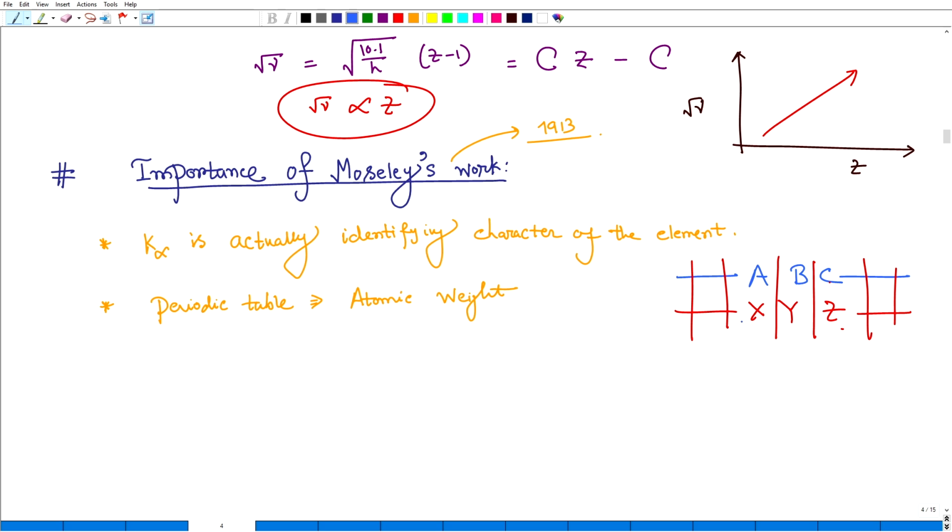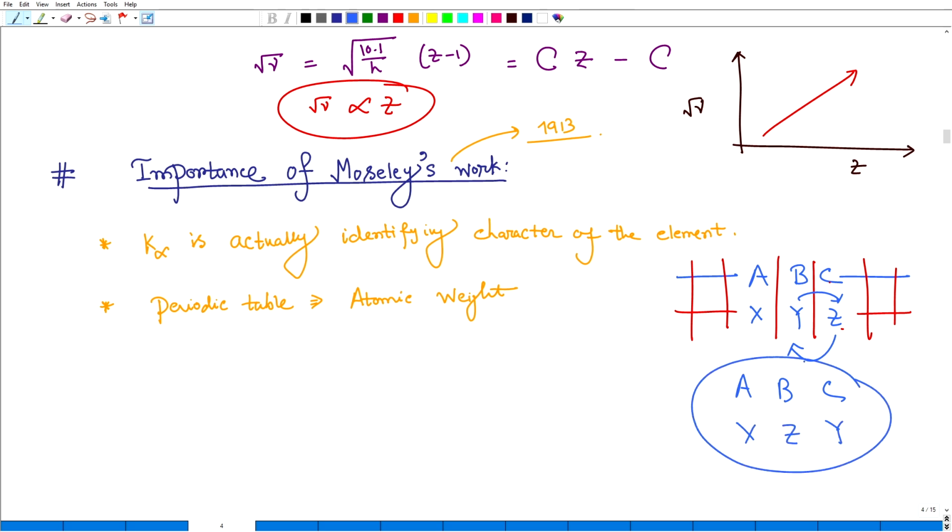Okay. So you have to reverse the position of x, y and z, then you obtain a, b, c and x, z, y. But there was no reason behind this. At that time that was not known. Ad hocly you had to do that to keep consistent the claim that elements in the same columns would have the same properties.